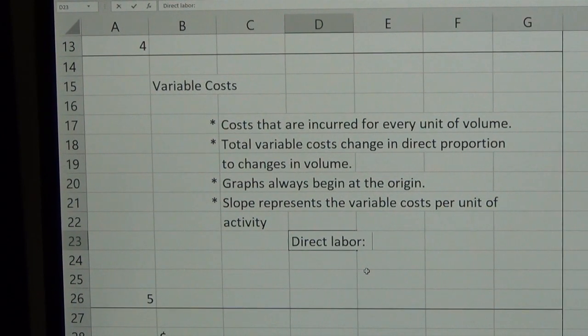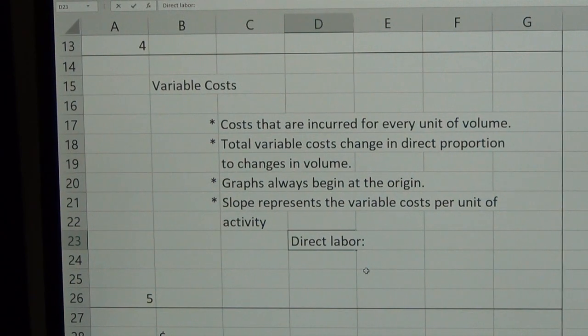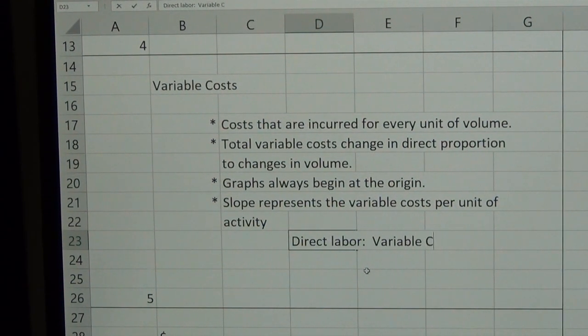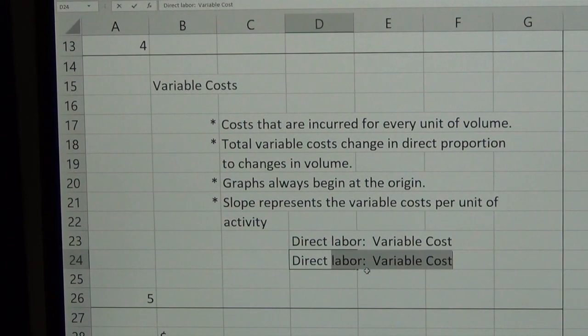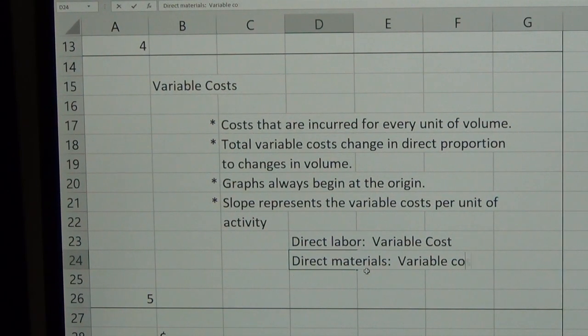For the most part, we're talking about people that are working on the line, that are actually producing those parts. So the more volume, the more direct labor costs you're going to have. So this would be a variable cost, no question. Direct materials: same thought process. The more volume you have, the more materials you're going to have. So that's also going to be considered a variable cost.